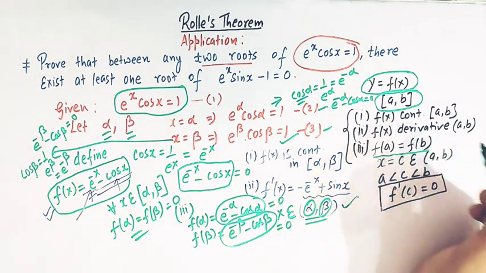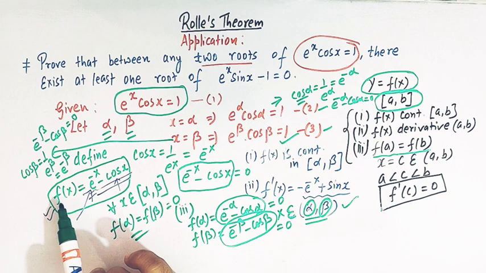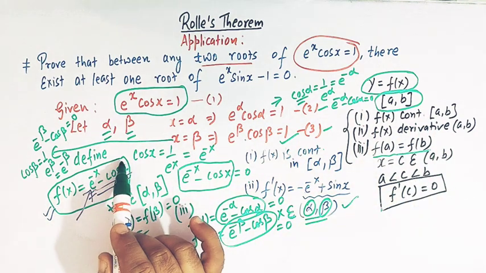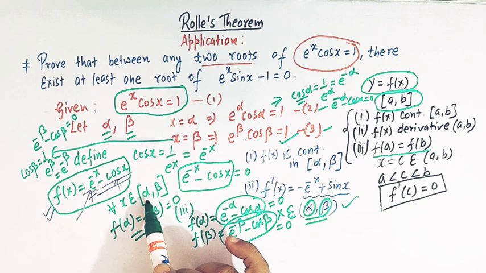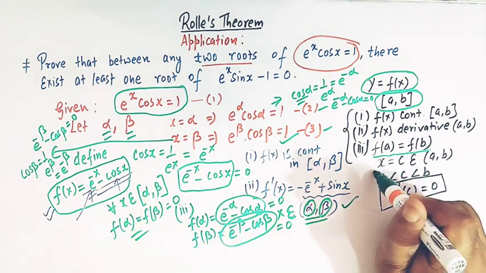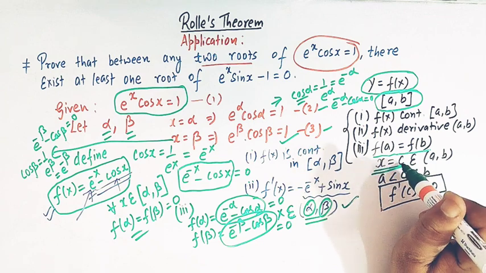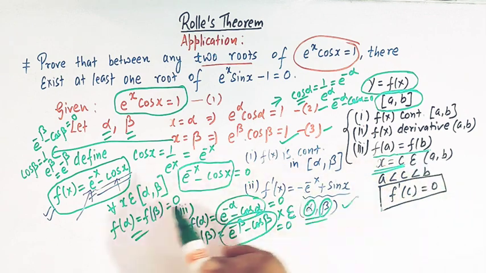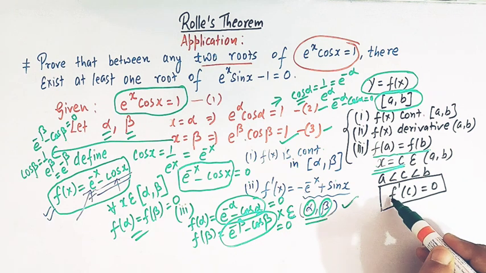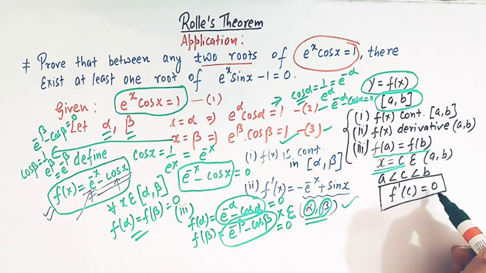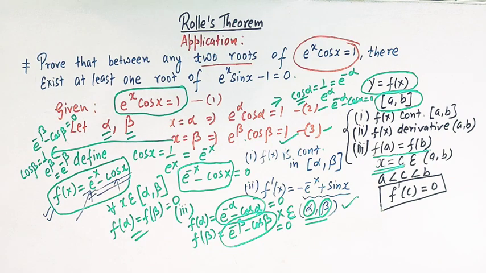So we can see that all the conditions of Rolle's theorem are satisfied by this function in the interval alpha comma beta. So there must exist some point x is equal to c belonging to the interval alpha comma beta such that f prime of c should be equal to 0.